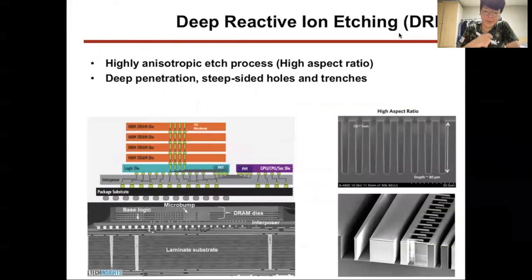So there is DRIE, which means deep reactive ion etching. It has a high aspect ratio, the ratio between the lateral side and the vertical side. A high aspect ratio means that we can make TSV structures.